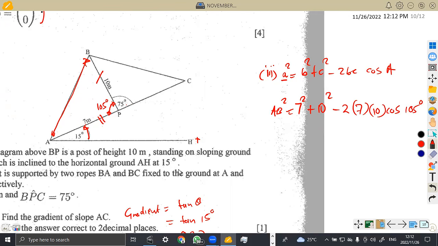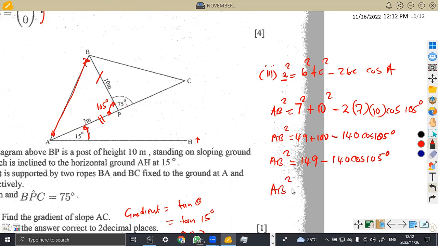So that's it. We can simplify it. 7 squared is 49, plus 100, minus 2 times 7 times 10, which is 140, cos 105 degrees. So AB squared is 149 minus 140 cos 105 degrees.